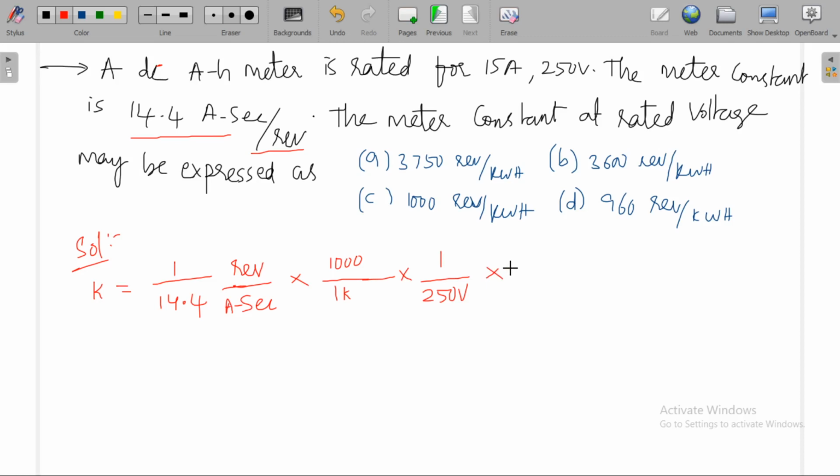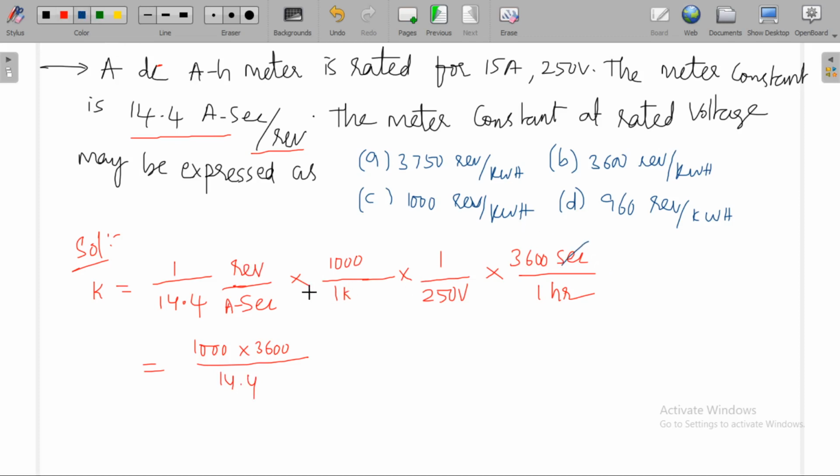Into 3600 seconds per 1 hour. Then you are going to get 1000 into 3600 by 14.4, revolutions.